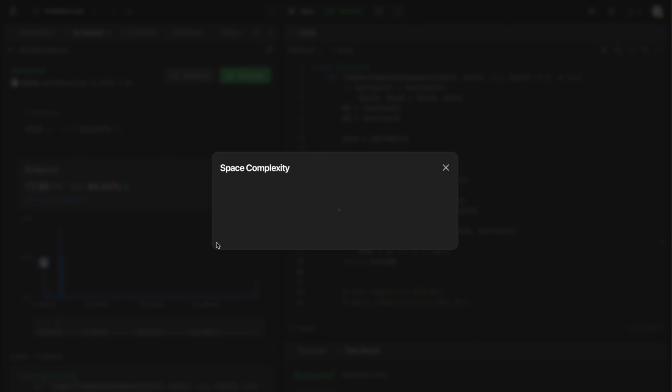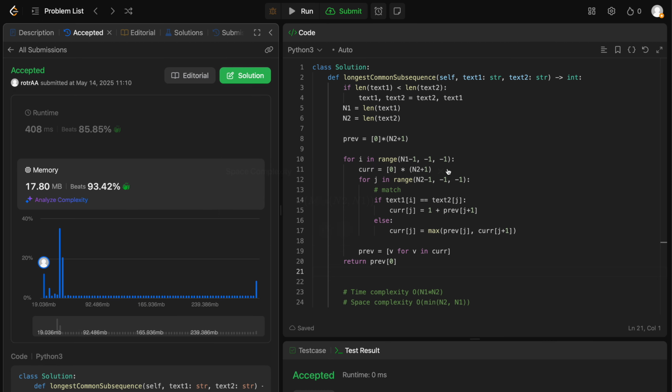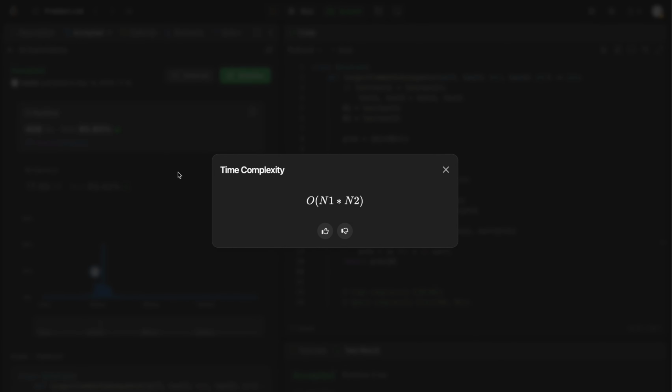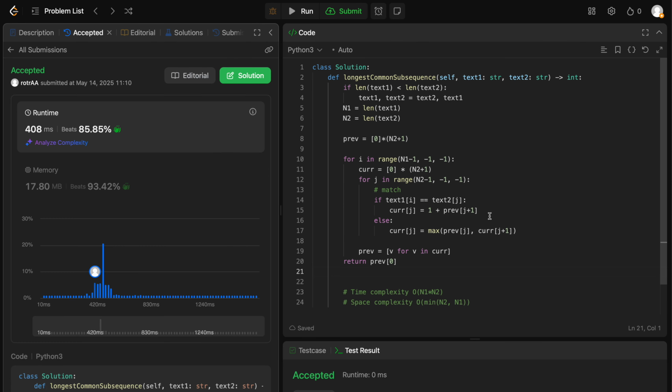So you'll see here should be min, yes, as you can see, n2 and 1, and this is n1 times n2. Okay, I hope I clarified this a bit.